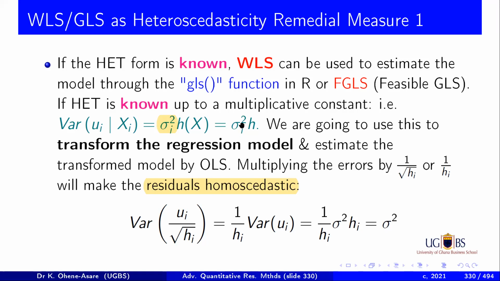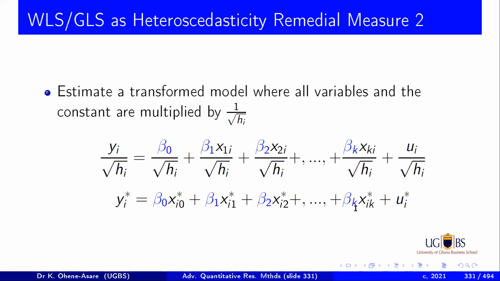Remember, we said that the variance is not constant when there is an i. Now you can see clearly that the variance is constant. So this is the mathematical way you can get a constant variable to multiply through, and you can then estimate this by OLS. Let me show you how you can now estimate it by OLS.